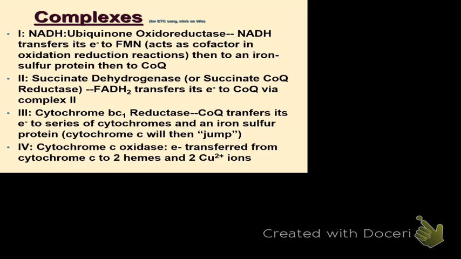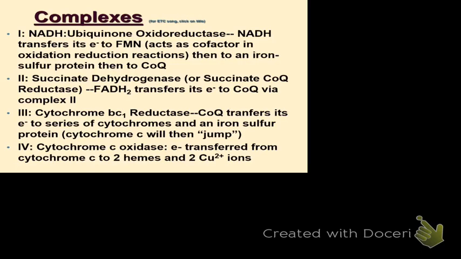Then we have complex 3, which is the one that I worked on, which is called cytochrome BC1 reductase. So what do you suppose it's going to be doing based off of its name? If it's called cytochrome BC1 reductase, it's reducing cytochrome BC1, right?